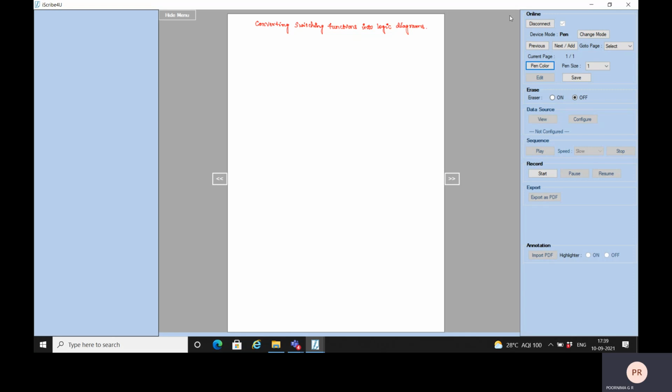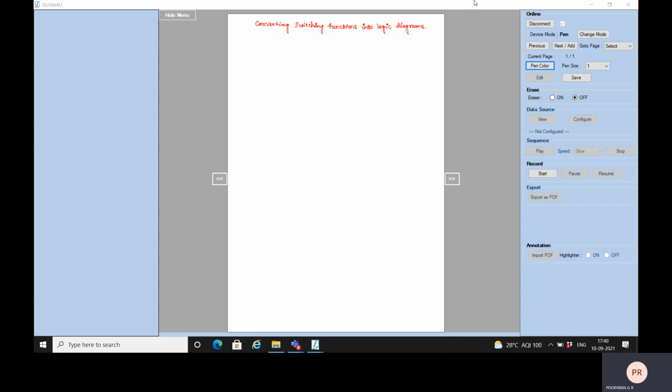In the previous lecture, we discussed how a given switching equation can be reduced using Boolean algebra. Moving further, in this particular class, I'll be discussing how a given switching equation can be converted into a logic diagram.